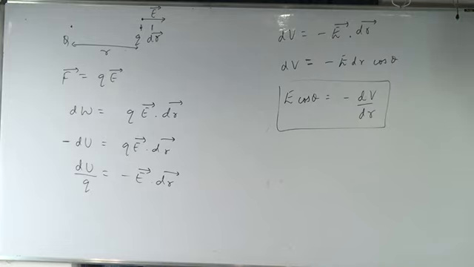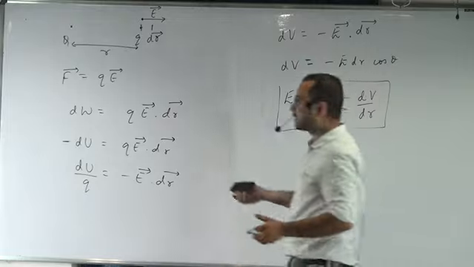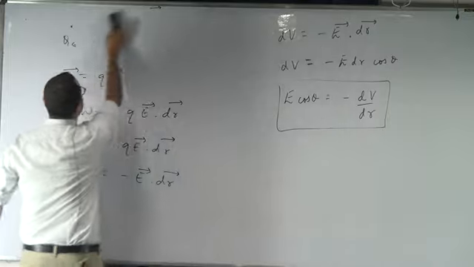First of all, work energy theorem and the definition of potential, that the change in potential is equal to the change in potential energy per unit charge. Okay, so what is E cos theta? Minus dV by dr, and both of them are very important terms which we need to discuss.